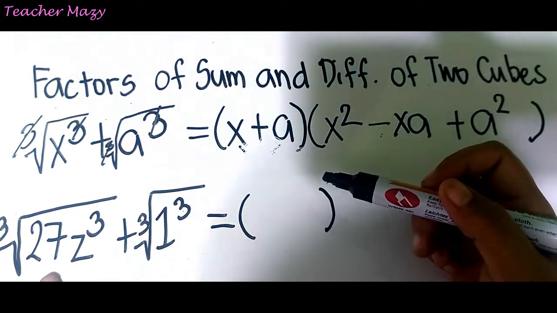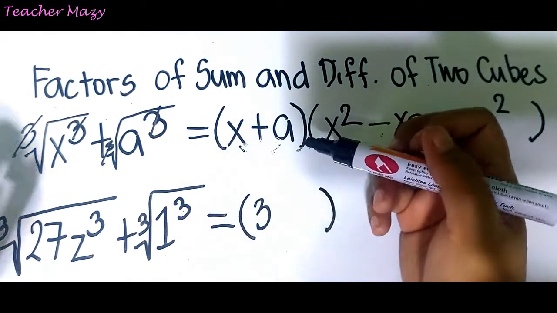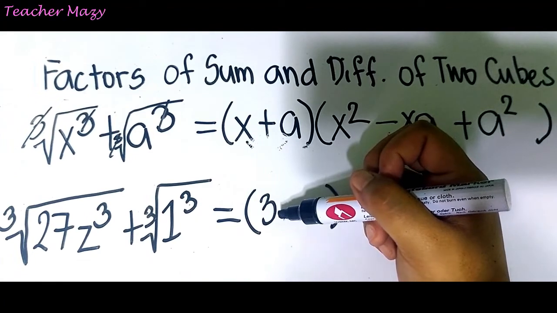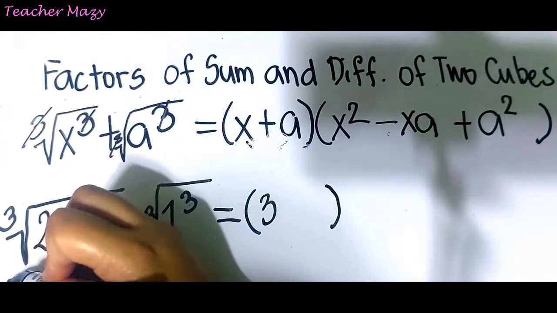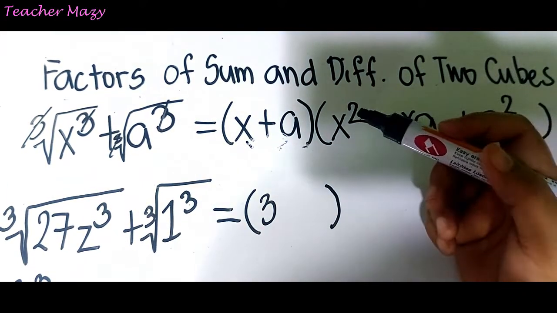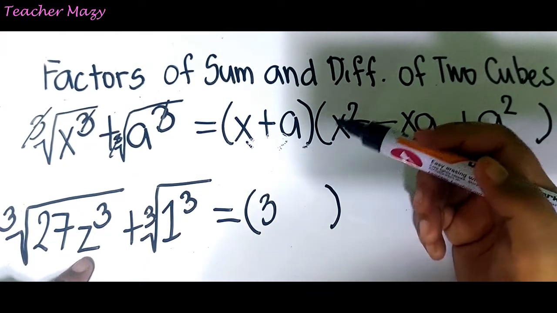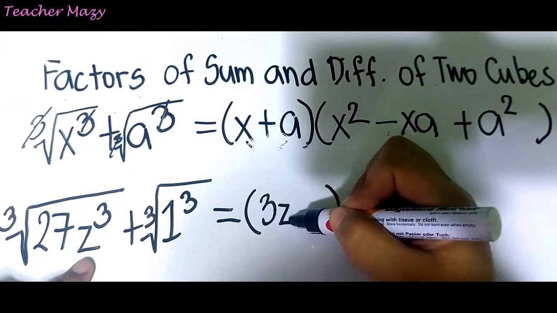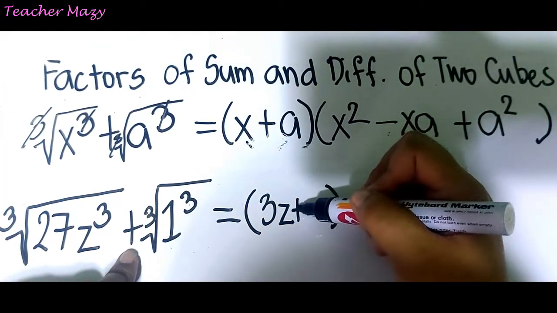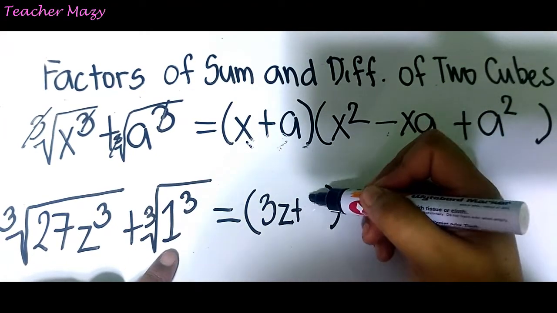The cube root of 27 is equal to 3, because 3 times 3 times 3 is 27. And then the cube root of z cubed is z. Next, since this is addition, let's put addition here, and then the cube root of 1 cubed is equal to 1.